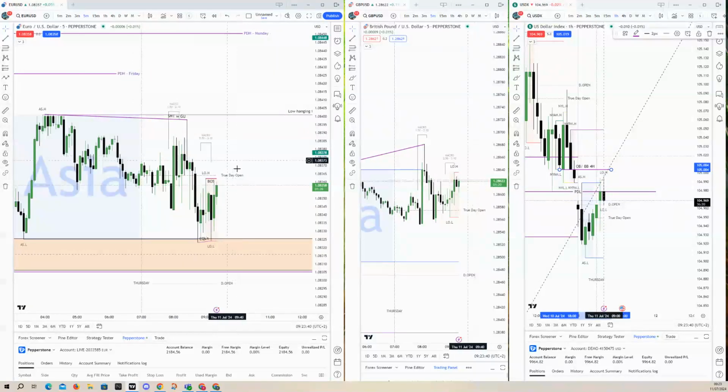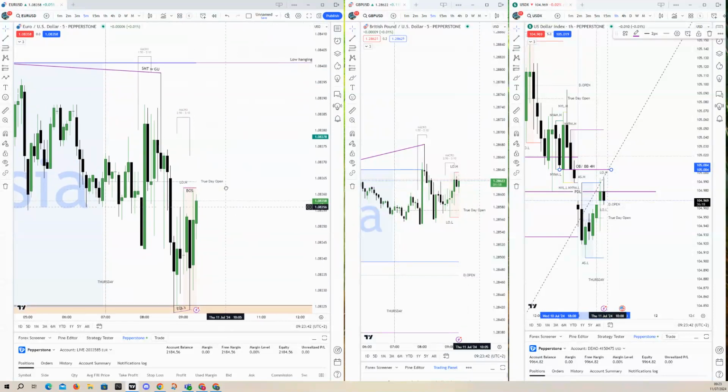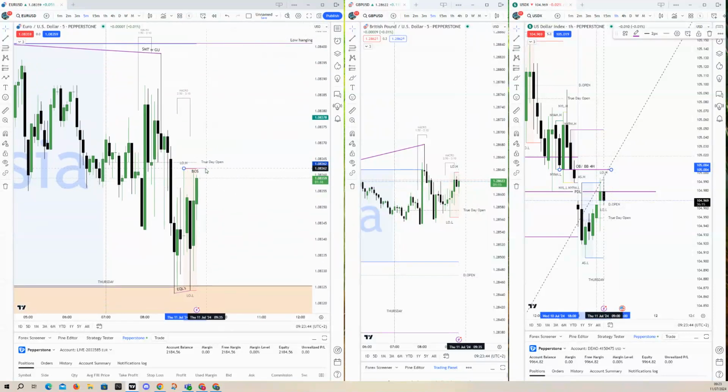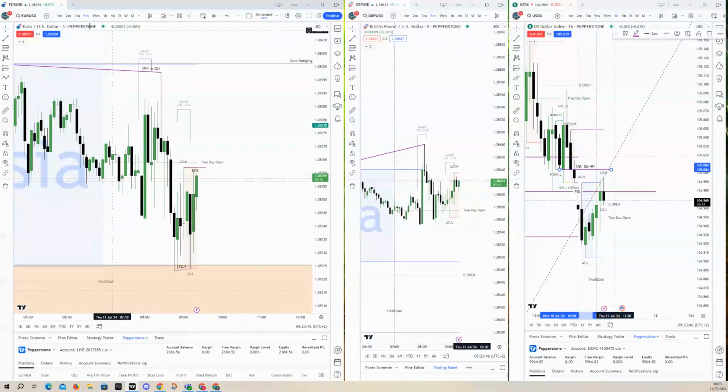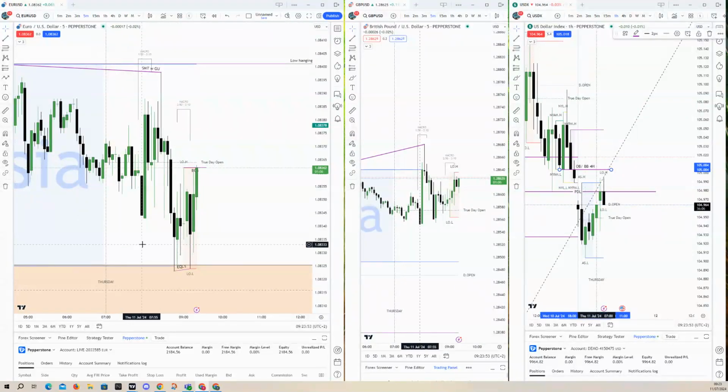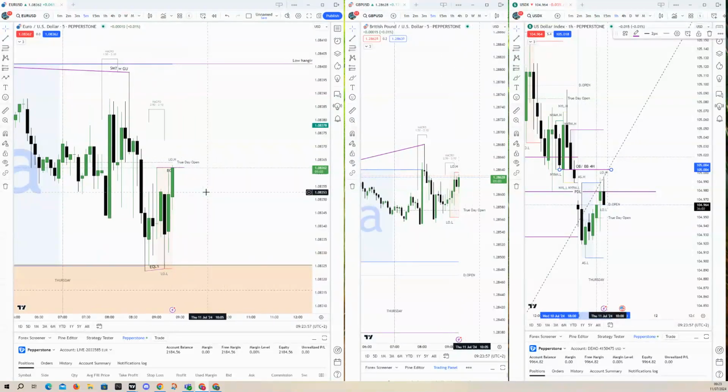So still waiting now for this level to be broken. It might do very shortly. Here we are.